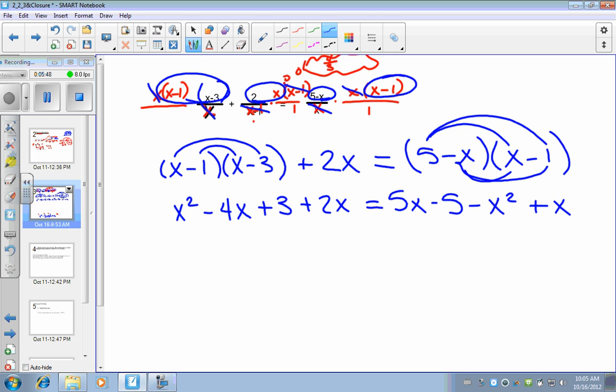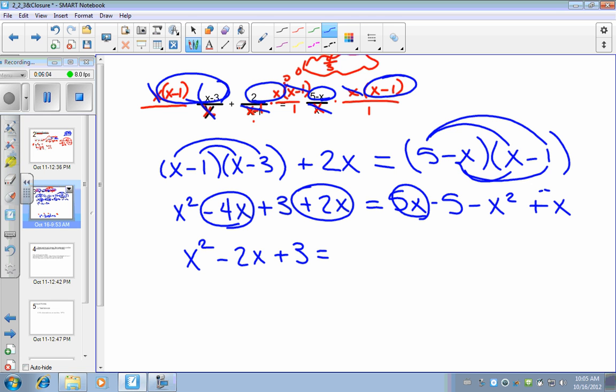Now I'm going to work individual sides of that equals sign and combine like terms. I have a negative 4x and a positive 2x over here, so that's going to be x squared minus 2x plus 3. And over here I could combine 5x plus 1x, which is 6x minus 5 minus x squared.